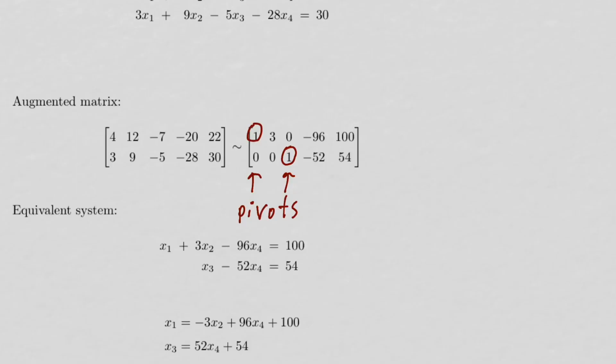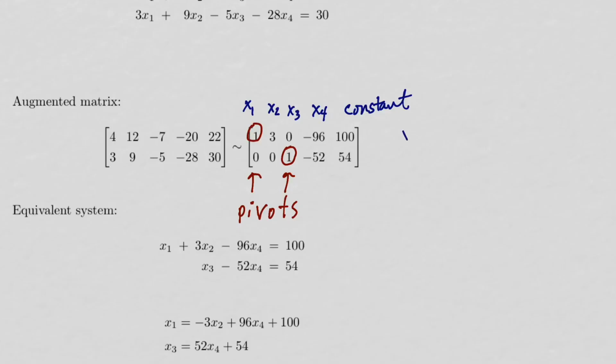If I identify the columns that correspond to each variable, I've got my x1 column, x2, x3, x4, and the constant column. I can see that x1 and x3 correspond to my pivot columns, so those are my dependent variables, and x2 and x4 are free.